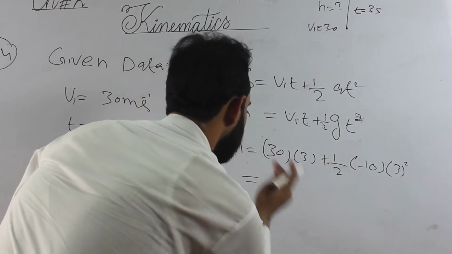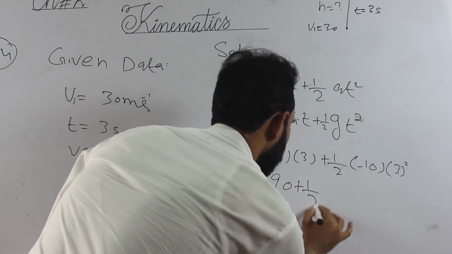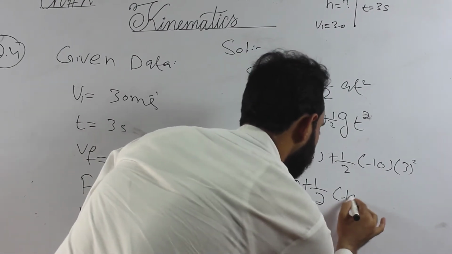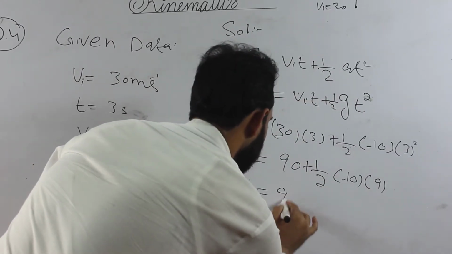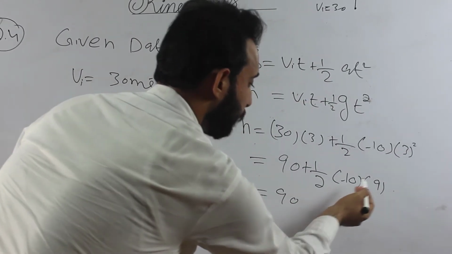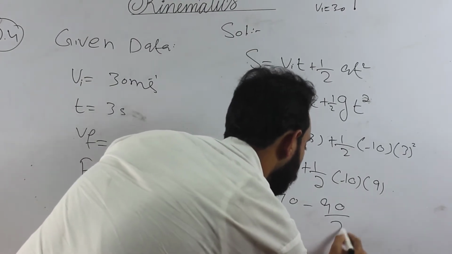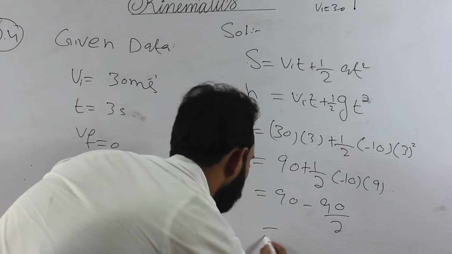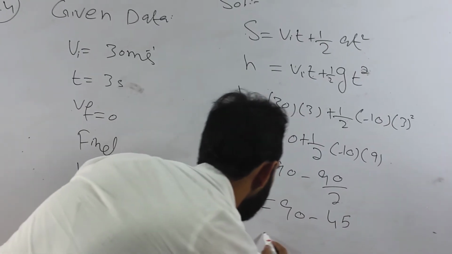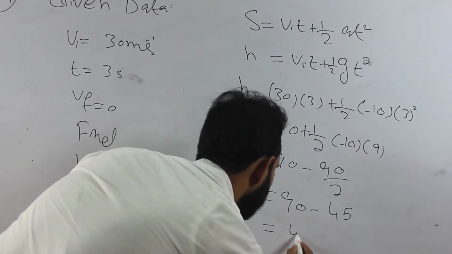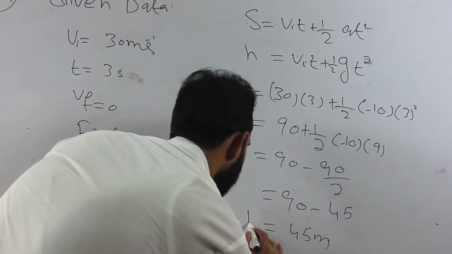So 3 multiply 30, we will get 90, plus 1 over 2 and minus 10, 3 square is 9. 9 multiply 10, we will get 90 and it will be minus 90 by 2. So 90 minus 90 by 2, that is 90 minus 45, we will get 45 meters. Meter is the SI unit of height.